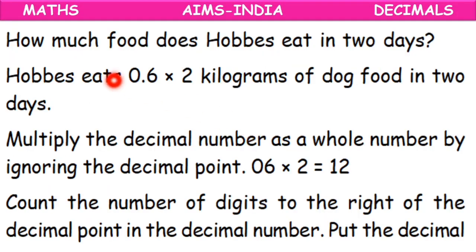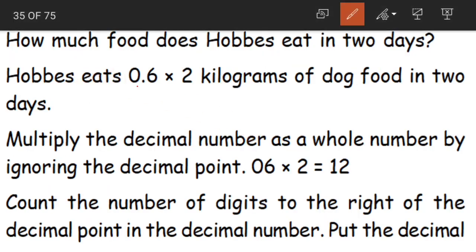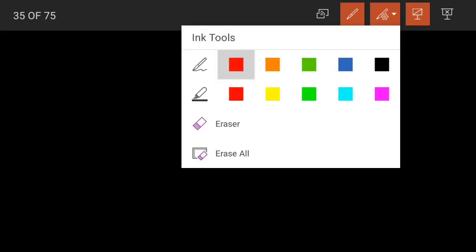What are they saying? Hobbs eats 0.6 kilograms in one day. We have to find out how much he eats in 2 days. How will we find out, children? Yes, 0.6 into 2 will give us the amount of food that Hobbs eats in 2 days.